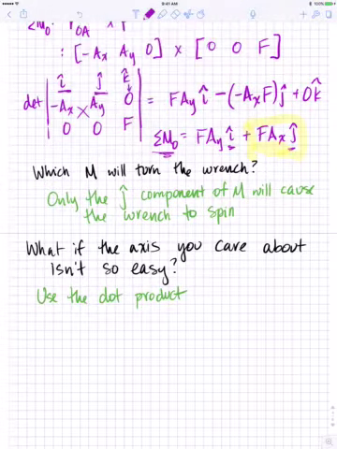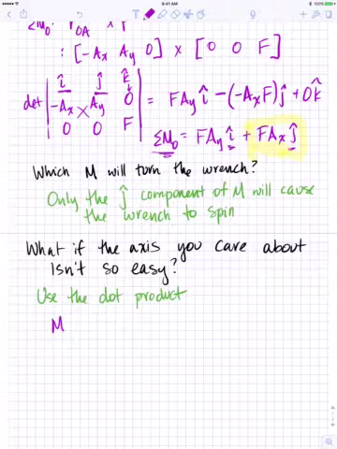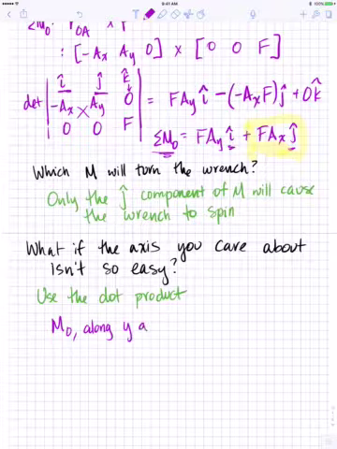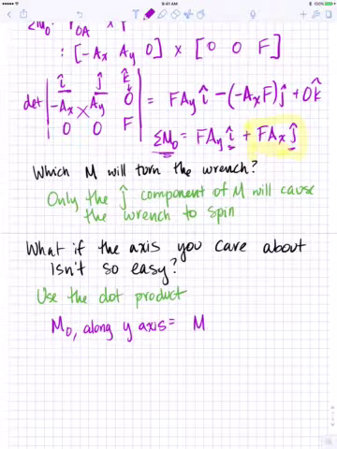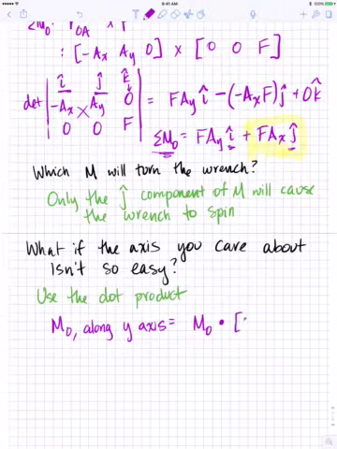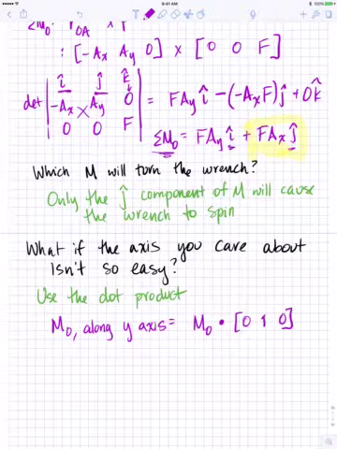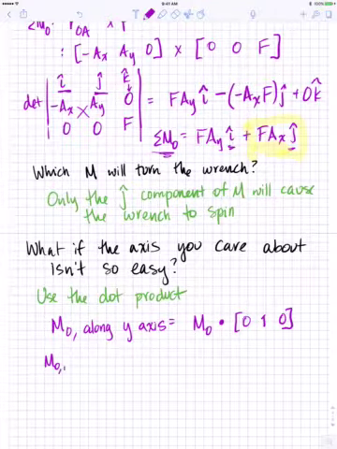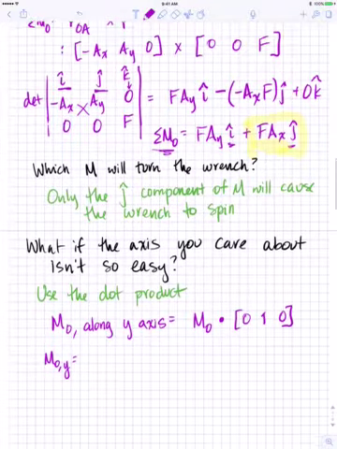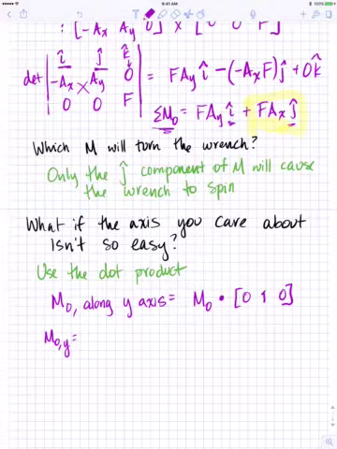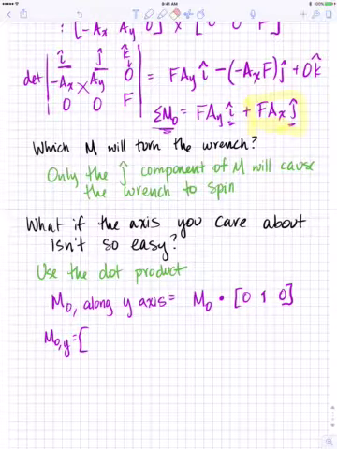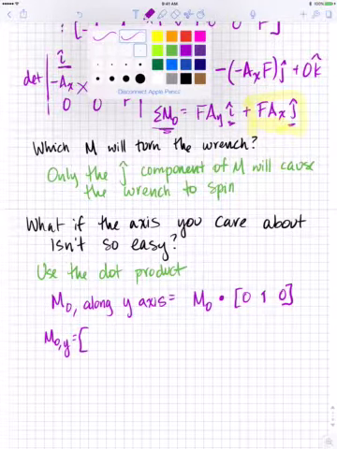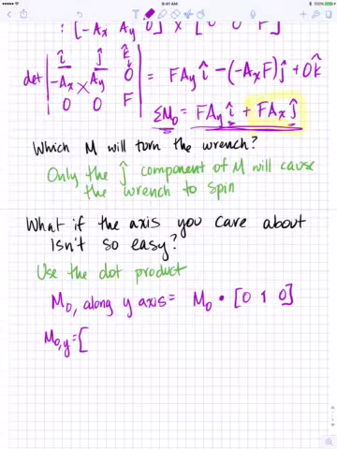So if we want the moment due to the force about O, but along the y-axis, mathematically this is equal to the moment dot the y-axis itself, which is a unit vector 0, 1, 0. So remember that we can calculate this directly as the additive sum of the components. So what does that mean? So what's our moment vector? It's coming from right here, I'm pulling this from right up here at the top.